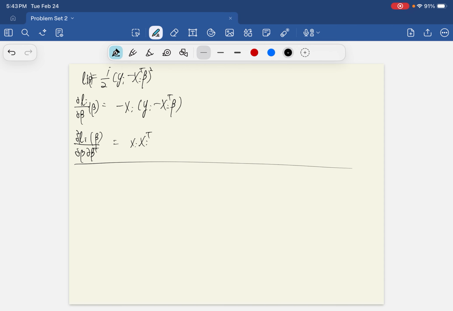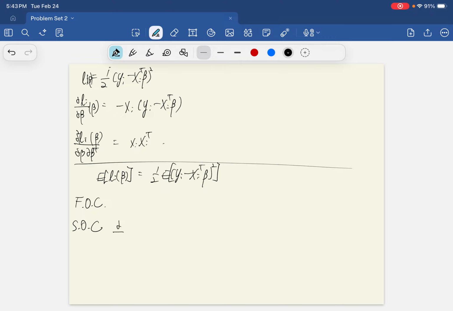Let's see, the expectation of Li of beta is 1 over 2 times the expectation of (yi minus xi transpose beta) squared. And I'm going to check the first order condition and the second order condition. Let me check the second order condition first, because we already calculated the second derivative.